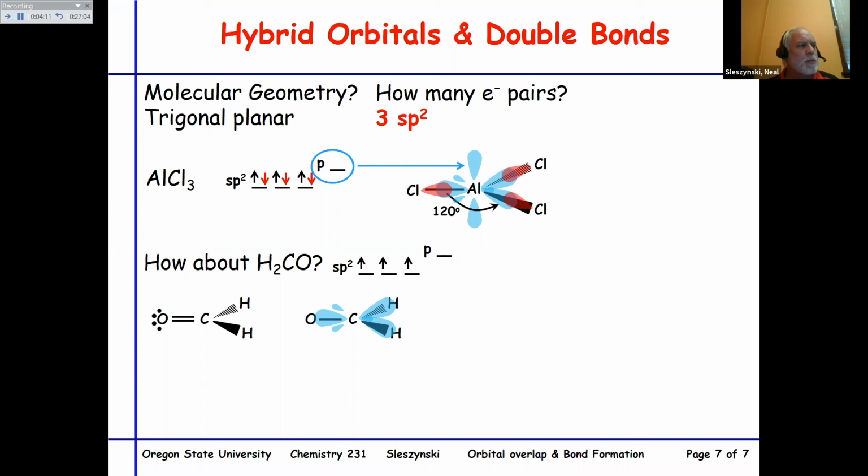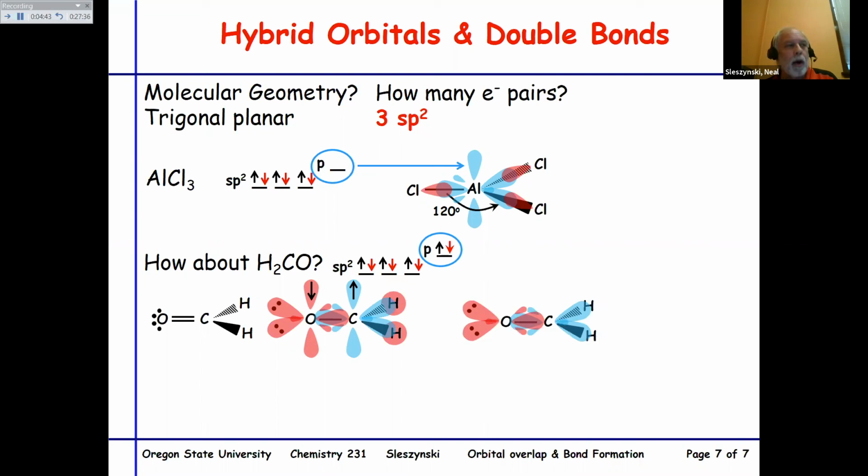Well, why is it sp2 and not sp3? Well, I can only have 2 electrons being shared between the carbon and oxygen directly geometrically between the 2 nuclei. If I'm going to share more than 2 electrons with that oxygen, I need to leave one of my electrons from the carbon unhybridized in the p orbital so that I can get side-by-side overlap for a pi bond.